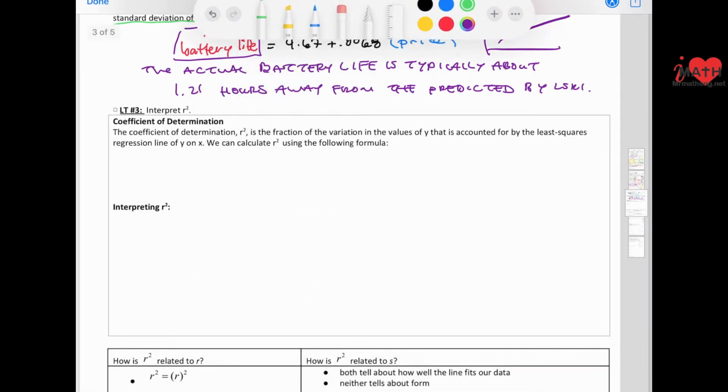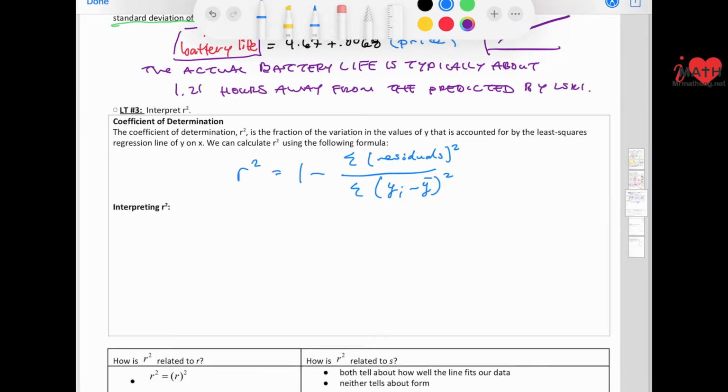I'm just going to quickly spit out this formula, and we don't have to use it because our calculator can figure it out for us. Okay, that is the formula.